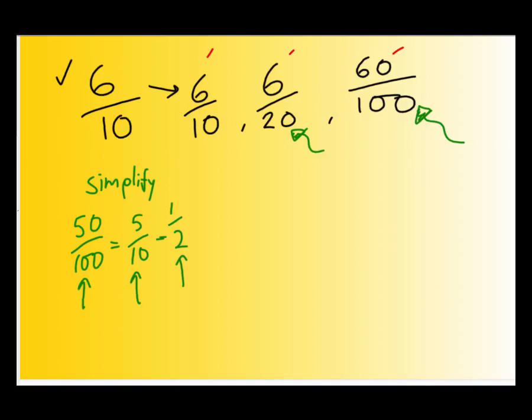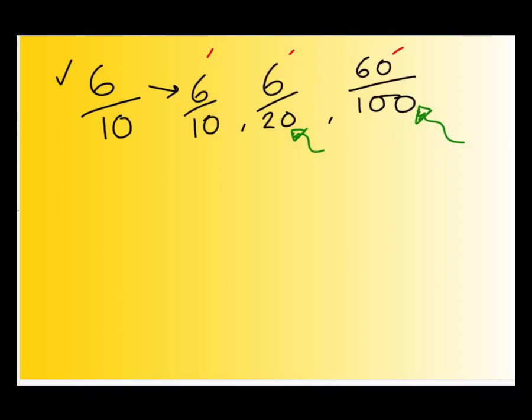Now, I think we've gone through that before. So we're going to do a bit of simplifying of these other fractions to see if any of those actually equal 6/10, because we know that right now these two equal 6/10, so they're not the odd ones out. So let's look at 6 over 20 first. Okay, let's simplify it, and I hope you'll remember that to simplify you've got to try to find the biggest number that goes into the denominator and the numerator, and then you just start dividing.